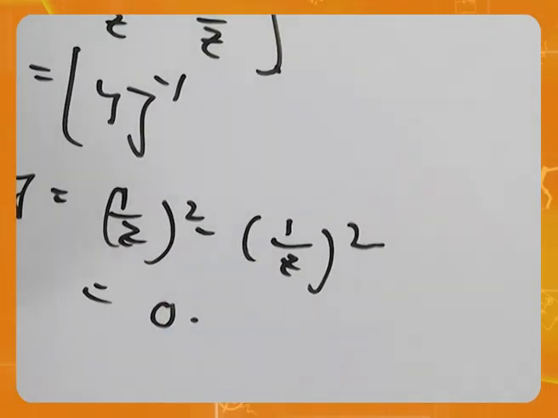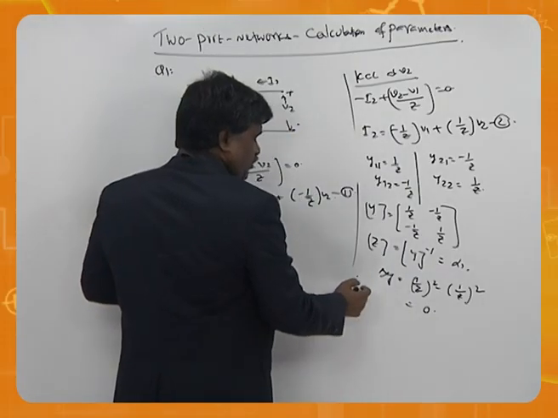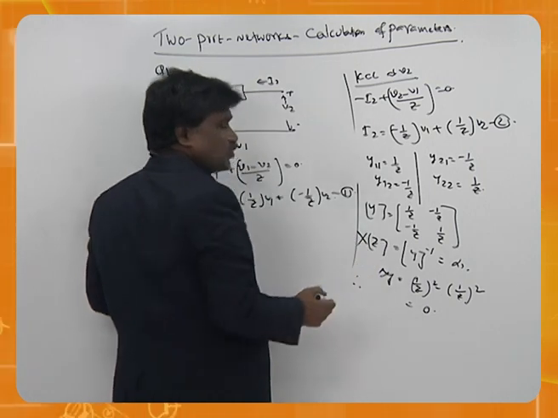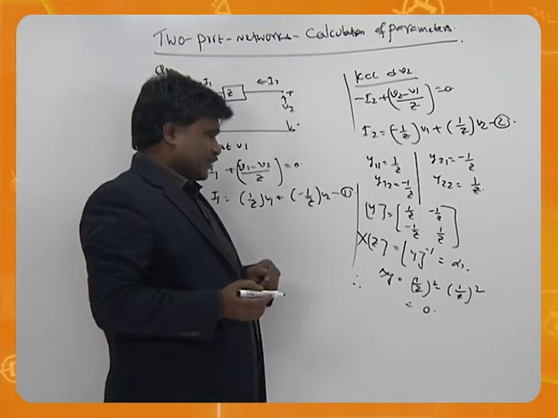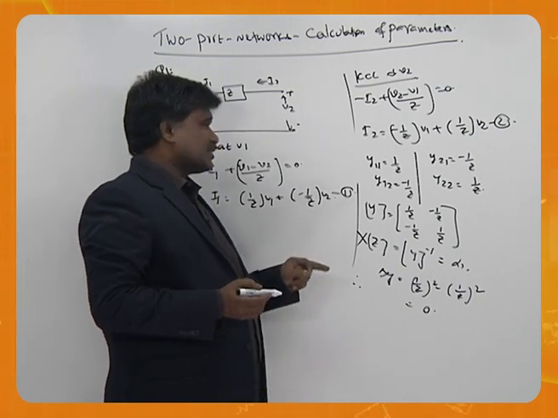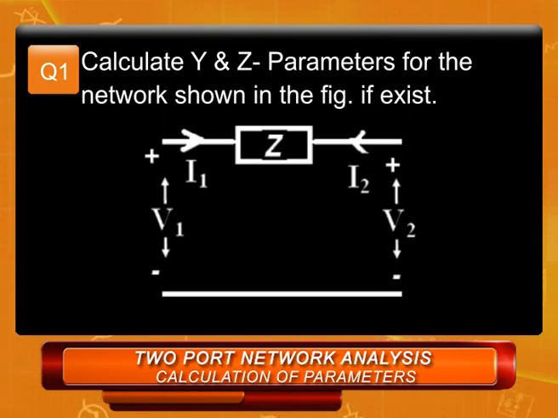That means 0. Then this will become infinity. Therefore, z parameters do not exist. So for this solution, z parameters do not exist, but you have y parameters as the answer. That's the solution for problem 1, question 1.